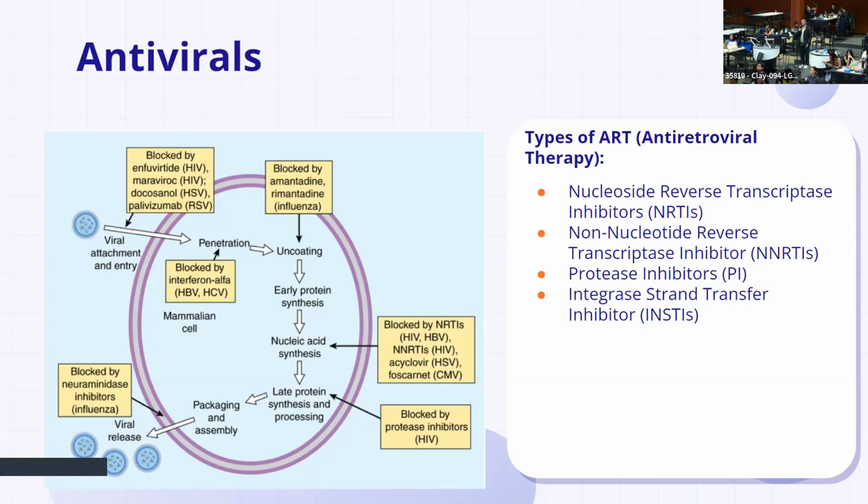They've got the nucleoside reverse transcriptase inhibitors, which inhibit the enzyme reverse transcriptase. You've got a non-nucleotide reverse transcriptase inhibitor, so one that's not a nucleotide. You've got protease inhibitors, stopping an enzyme which breaks down proteins. And then you've got integrase inhibitors, so you're able to stop genetic material being transferred into the DNA.